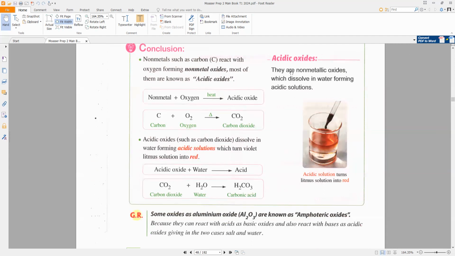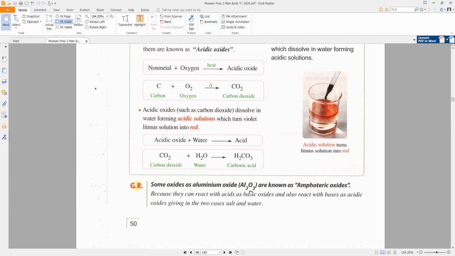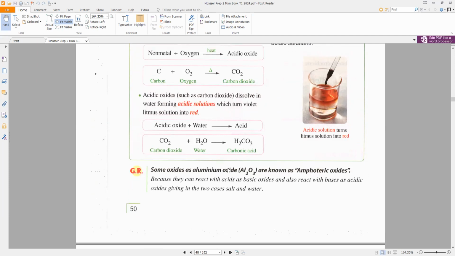Why the acidic oxide? They are non-metallic oxides which dissolve in water forming what? An acidic solution, acid. But there are some oxides which are neither metal nor non-metal oxide, called amphoteric oxides. So aluminum oxide is called an amphoteric oxide, not a basic or acidic oxide.